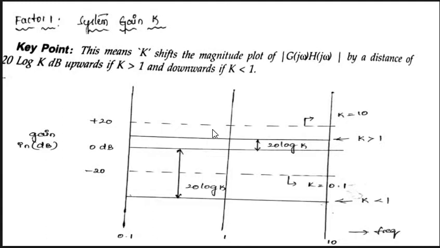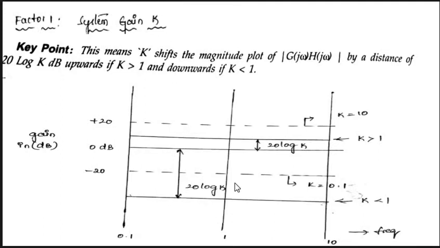The total Bode plot for a given system is two plots: one is the magnitude plot, the second one is the phase plot.